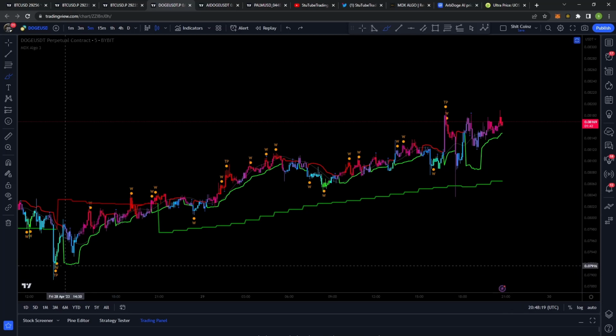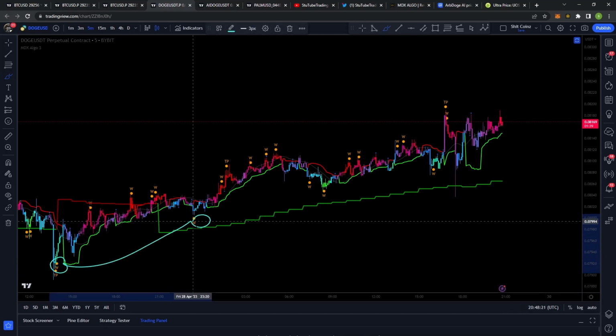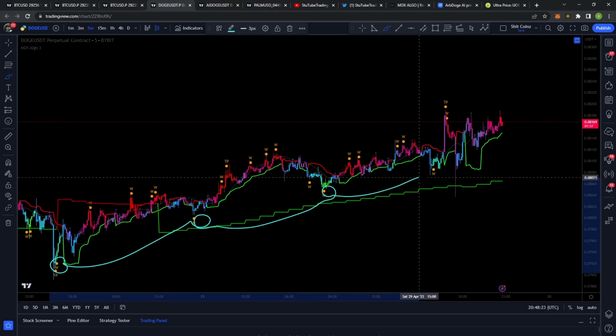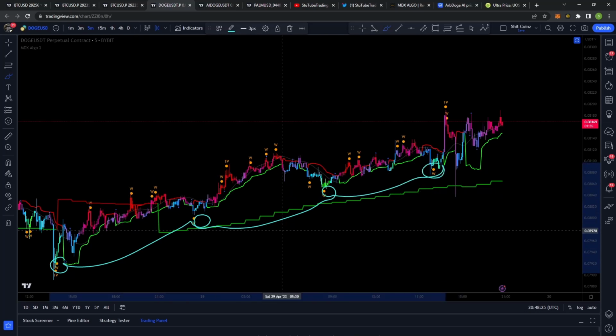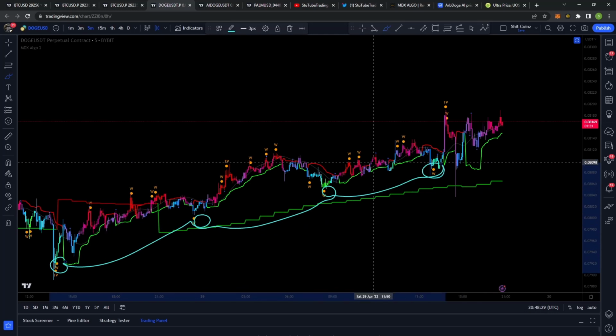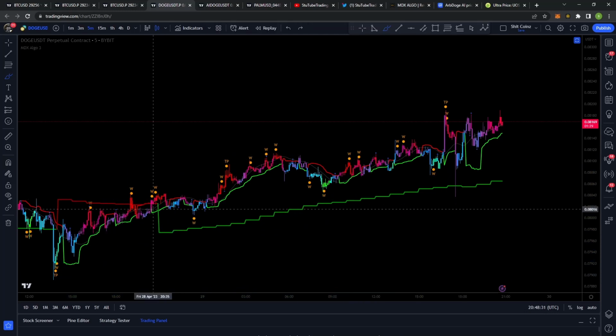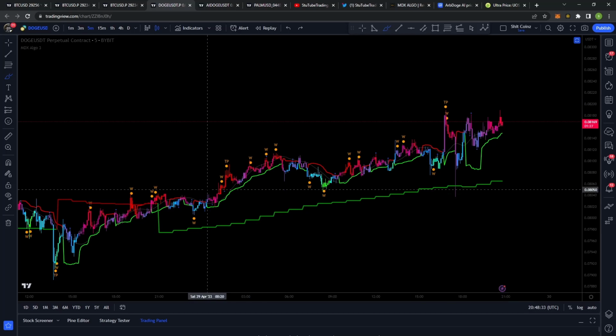If you were just playing the higher lows with those W's, just keeping your stop loss basically below the previous W, the lower low, I guess, that would have been a beautiful trend to play, honestly.